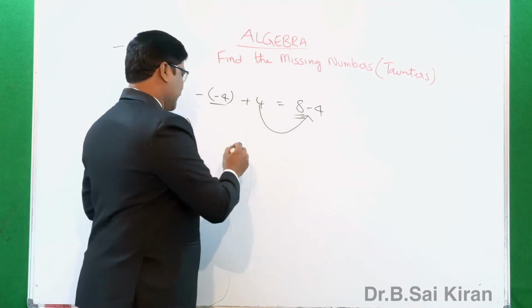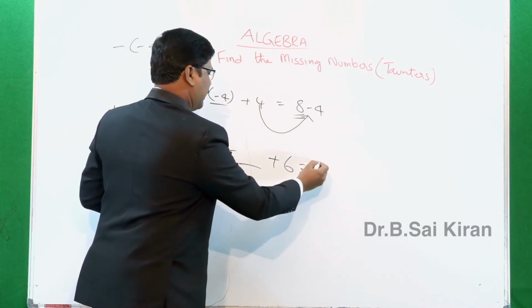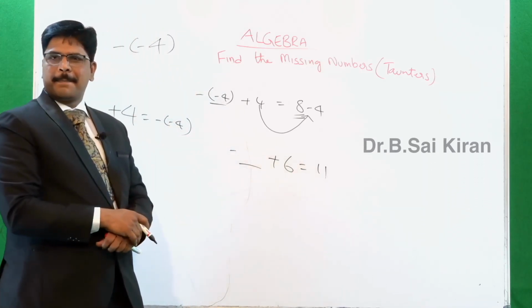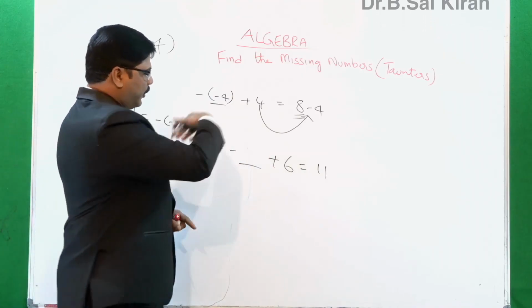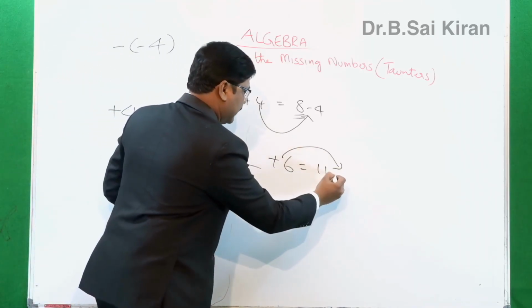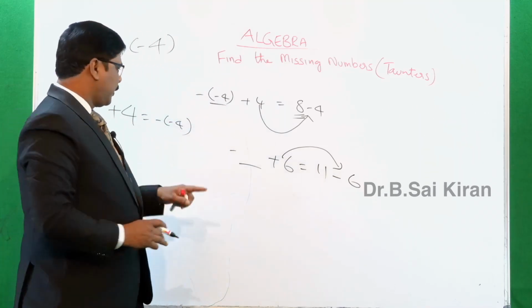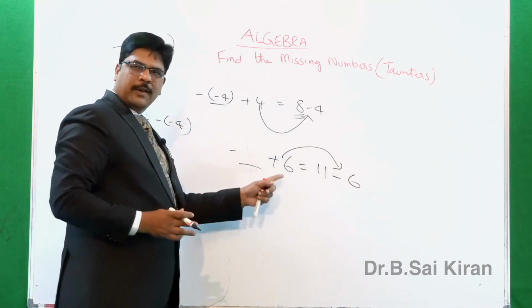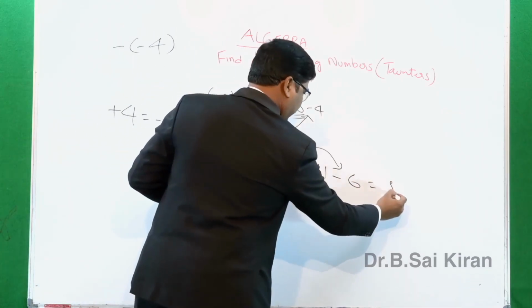Okay, one more question. Some minus number added to 6 will give you 11. Some minus number, add 6, you get 11, right? So you transpose it, it goes to the other side, it becomes minus 6. So 11 minus 6 is 5. So if you put minus 5 here, it will become 1, right? So how do you write this? Here the answer is 5, right?